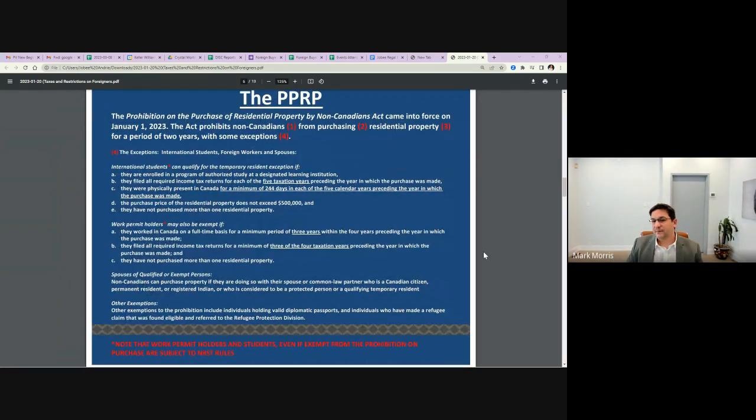Point 4. Some exceptions. Actually, I'm going to pause for a second before point 4, and I'm going to focus on something that doesn't have a footnote. You see, for a period of 2 years, I want to just talk about that, and this is purely editorial. One of the reasons people hate government so much is because it's so behind the 8 ball.